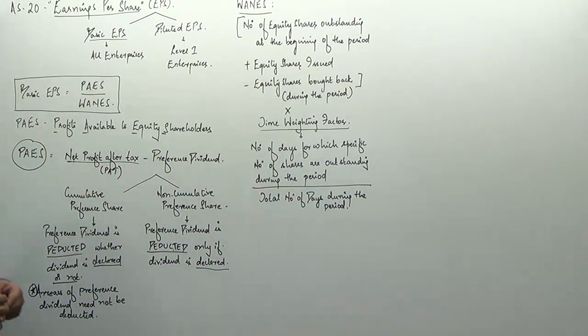Understand, time weighting factor is the number of days for which a specific number of shares are outstanding during the period as a proportion of the total number of days in the period.